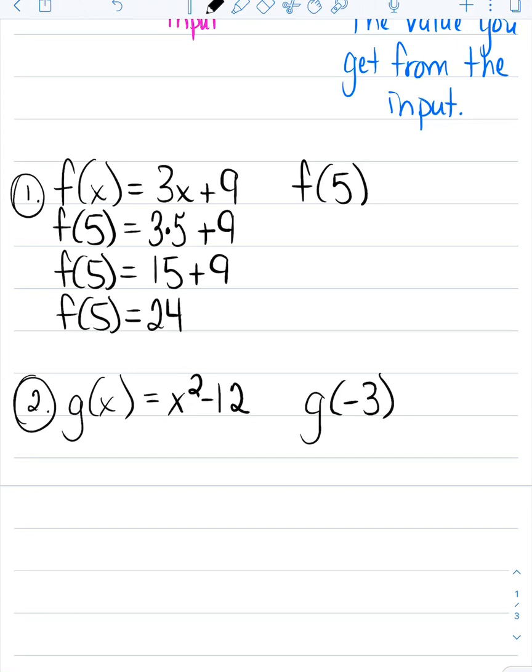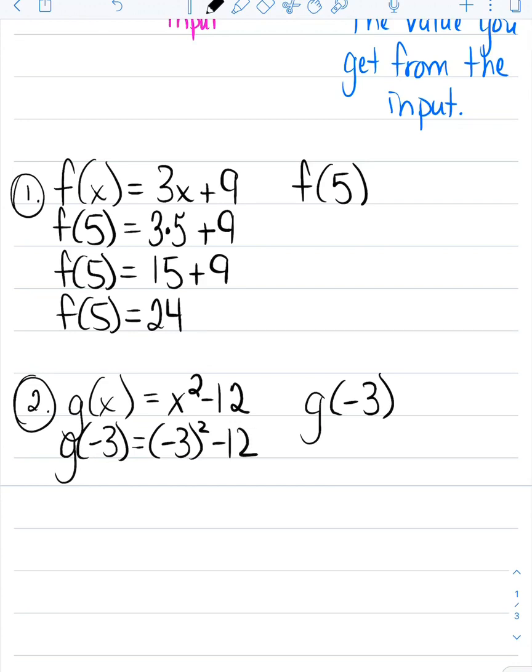That means my input is negative 3. So g of negative 3 says I replace every x with a negative 3. So this becomes negative 3 squared. Notice I put parentheses there because it's negative 3 times negative 3, and then minus 12.